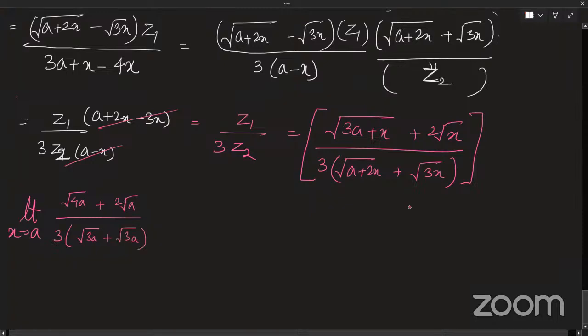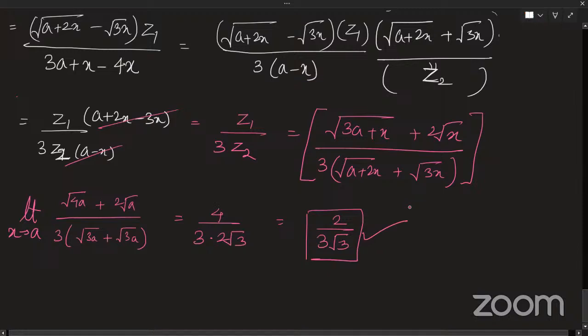So a will get cancelled from everything. It will be equal to 2 plus 2, that is 4, by 3 into 2 root 3. So this thing will be equal to how much? 2 by 3 root 3, right?